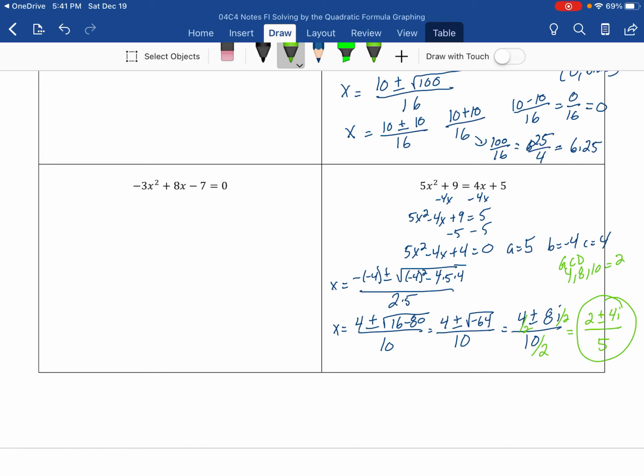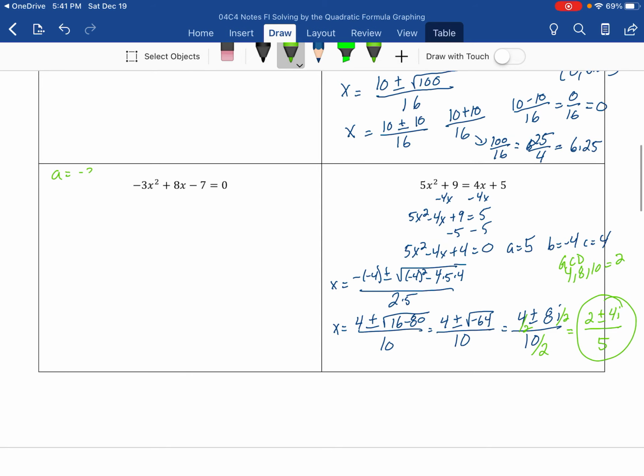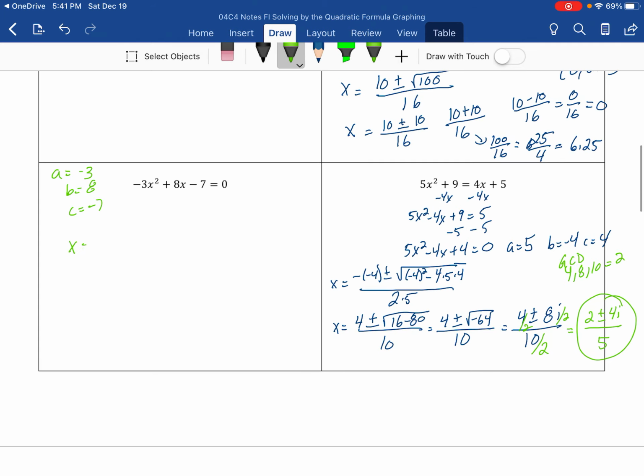Okay. So let's try another one. In this case, A was -3, B is 8, and C is -7. X is equal to -8 plus or minus the square root of 8 squared minus 4 times -3 times -7 all over 2 times -3.